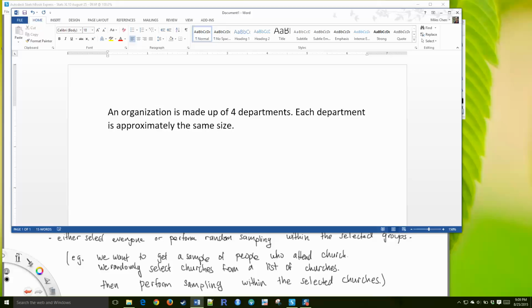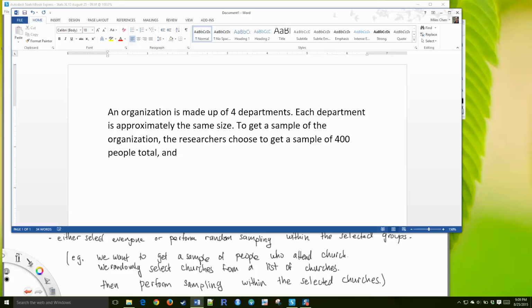To get a sample of the organization, the researchers choose to get a sample of 400 people total and randomly select 100 people from each of the 4 departments.